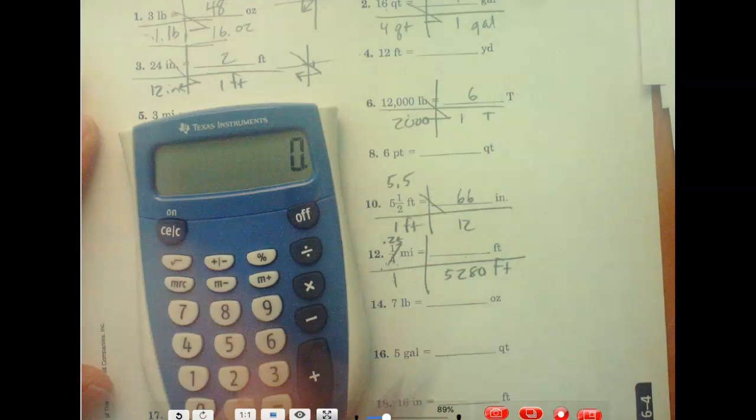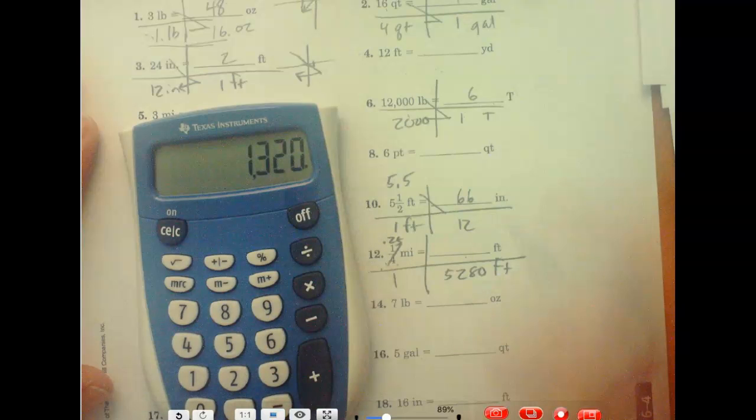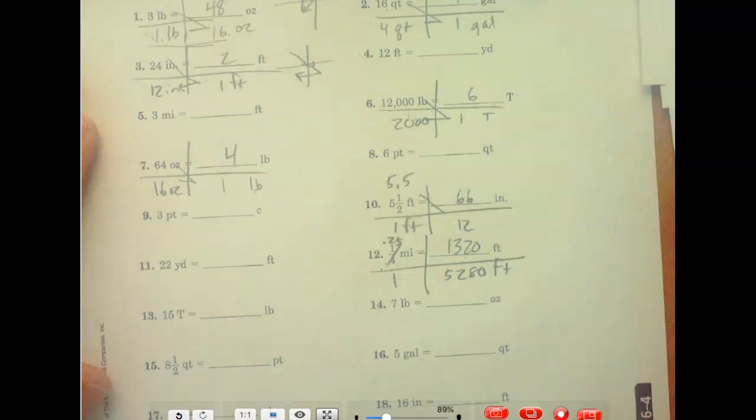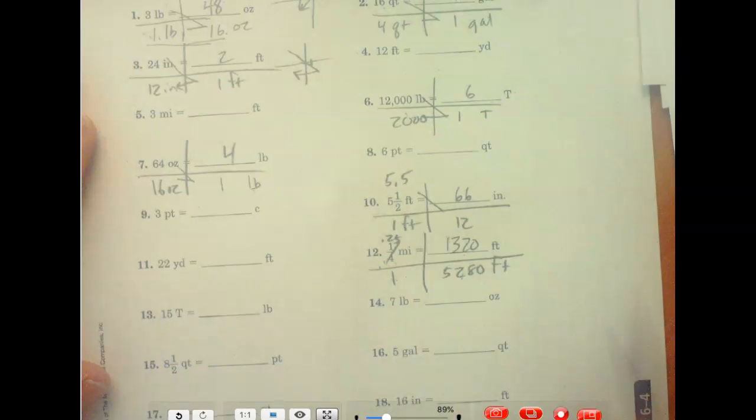Well, a quarter is 25 cents, right? So 0.25. So let's just put that in. Clear this out. 0.25 times 5,280. That equals 1,320. And then we just need to stop and see if this makes sense. A quarter of a mile is this much. 1 mile is this much. Yeah, this one's a lot more. It's 4 times as much.